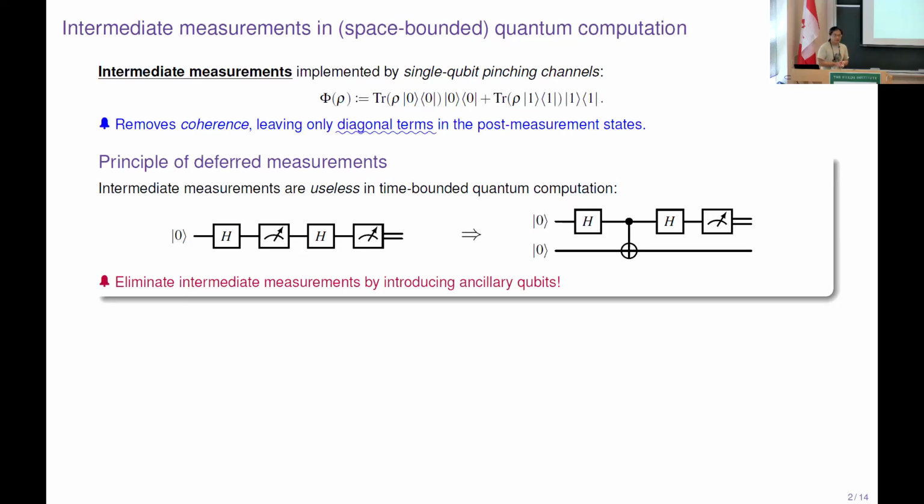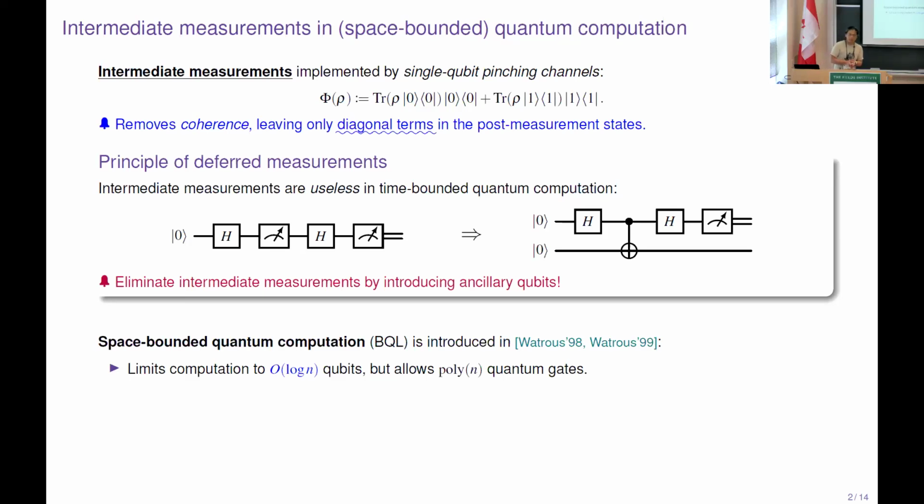But it's not the case for the space-bounded setting. So for space-bounded quantum computation, I'm referring to the model introduced by John Watrous about 25 years ago, a class called BQL. Here, the difference is the computation still requires a polynomial number of gates, but everything happens on logarithmically many qubits. And also, the description of the computation can be computed by a deterministic log space Turing machine.